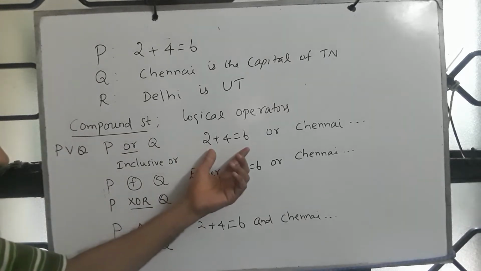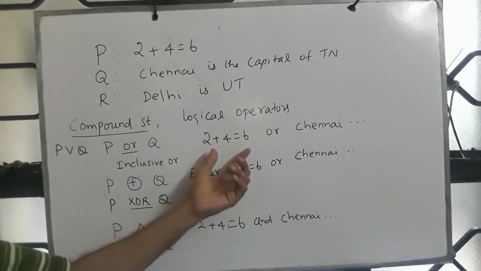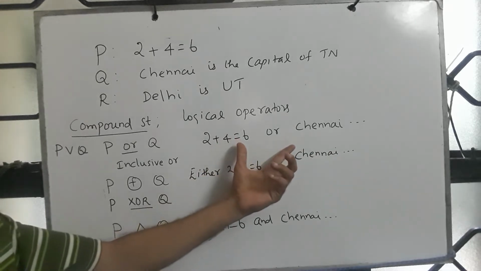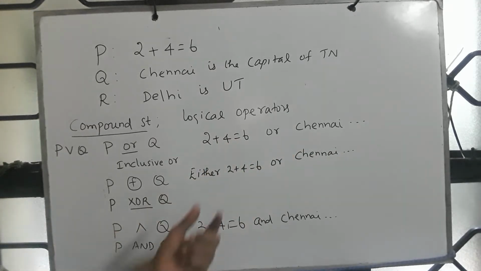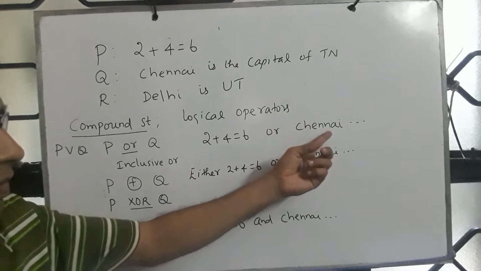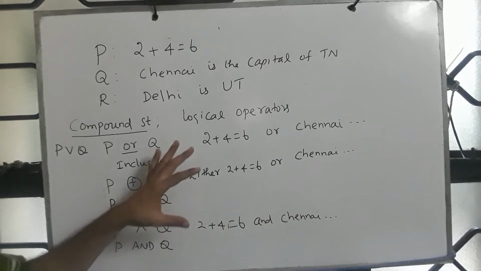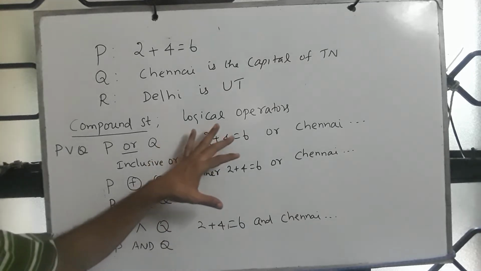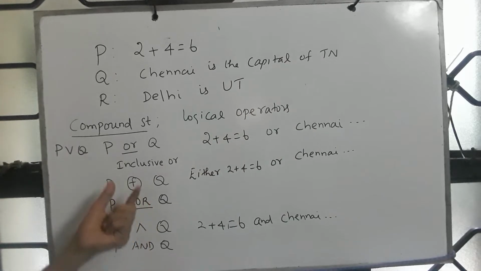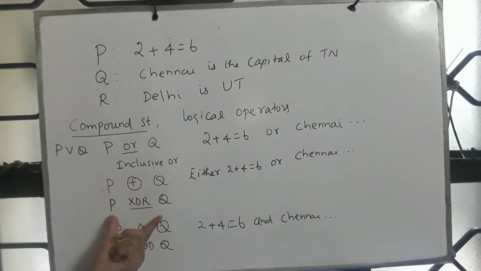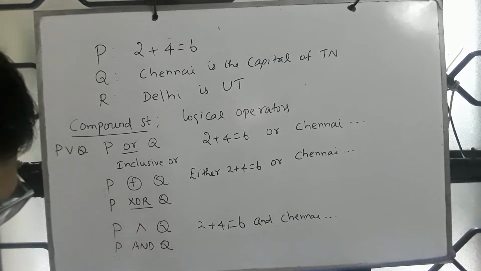And 2 plus 4 equals 6 is true, and Chennai is the capital of TN is true, and now the truth value of this one is true. So what if this one is true and this one is false? What if both are false? And things like that we will see. So once we know the truth value of each of the propositions, what is the truth value of the statement P or Q? What is the truth value of the statement P exclusive or Q? P and Q is something we will see now.